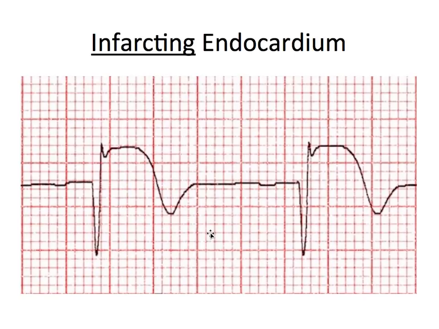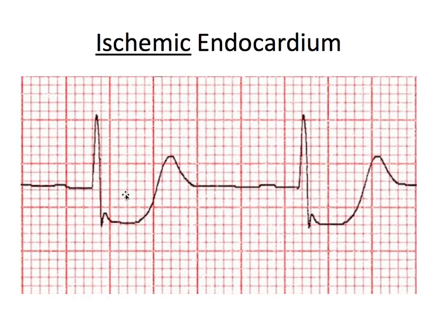So this is infarcting endocardium. Remember we had the P wave, then our Q, R, and then our S to the T. Here the ST is elevated, which, remember, is the STEMI, ST elevation MI. That is what we're seeing when cardiac tissue is dying. So this is a medical emergency. The previous one is not.